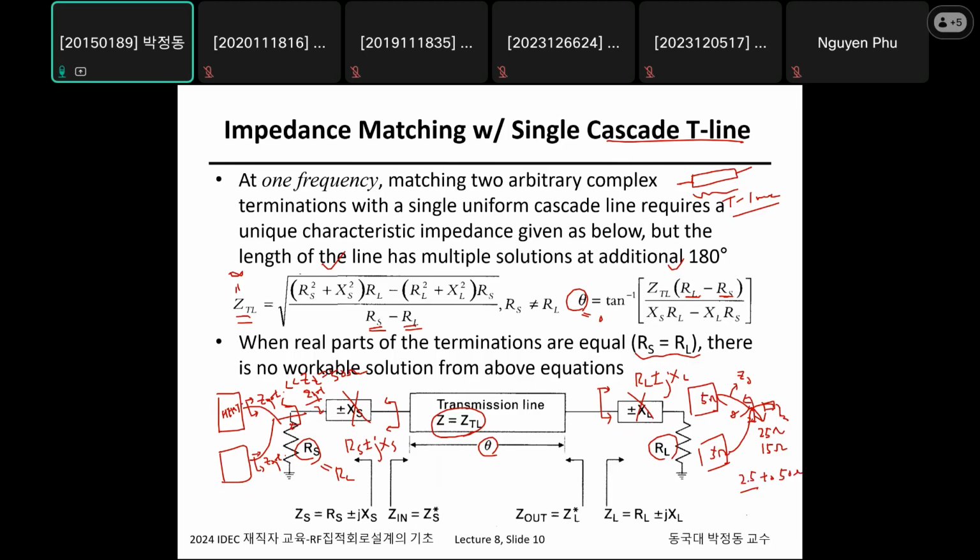But if you use this transmission line and this length properly, then at this point you may achieve 25 ohm matching, right, with a jX summing. Then it doesn't matter for this. This can always be observed. And you can easily achieve a matching network with Q equal to 1.4, which is wide enough.